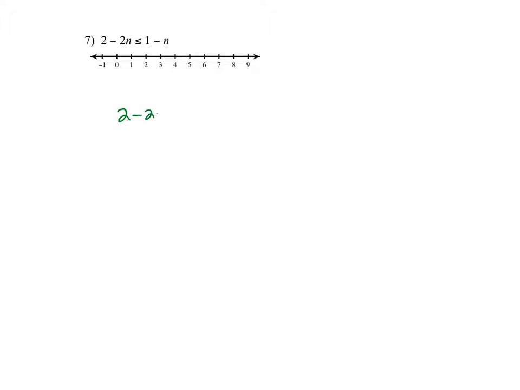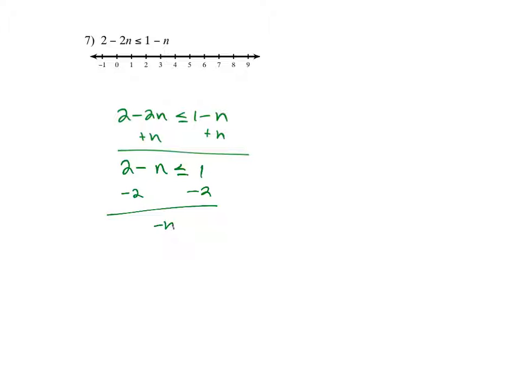So 2 minus 2n less than 1 minus n. So I'm going to add 2n on both sides. So 2 minus n less than 1, minus 2 on both sides. So negative n is less than or equal to negative 1. And now I'm going to divide by negative 1 on both sides, right?